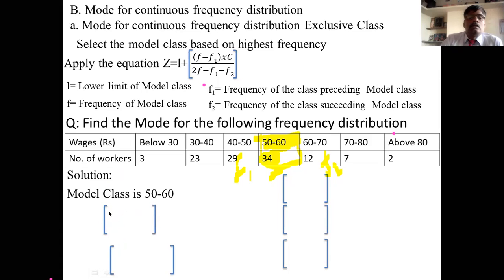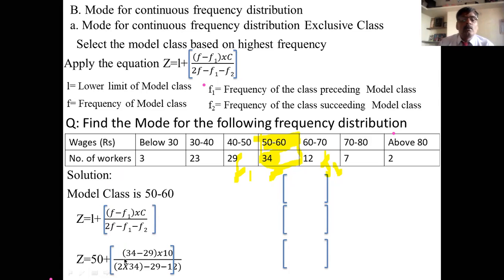Then apply the equation. Z is equal to L plus (F minus F1) into C divided by (2F minus F1 minus F2). If you fill in the values, F is 34 and F1 is 29, the class before this, into 10, the class interval, since 50 to 60 has a difference of 10, divided by 2F, where F is 34 multiplied by 2.